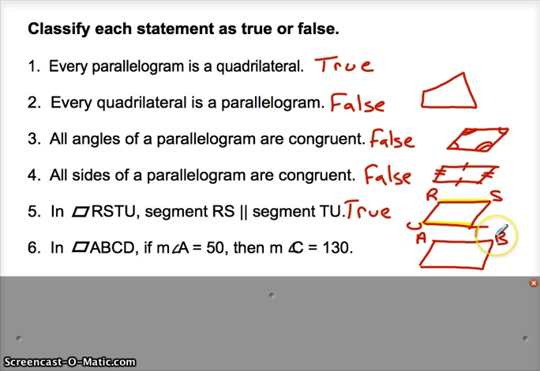A, B, C, D. And I'm going to fill in angle A is 50, and angle C, it says, is 130. And is that true or false? It's going to be false because opposite angles need to be congruent. So they have to both be 50 or both be 130.